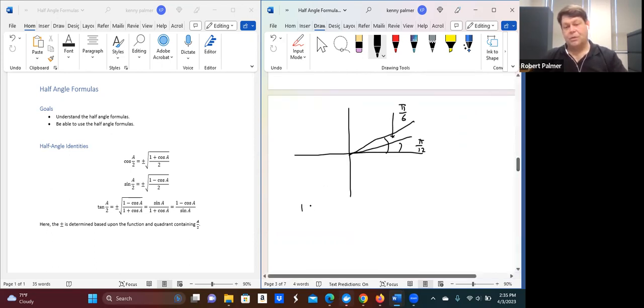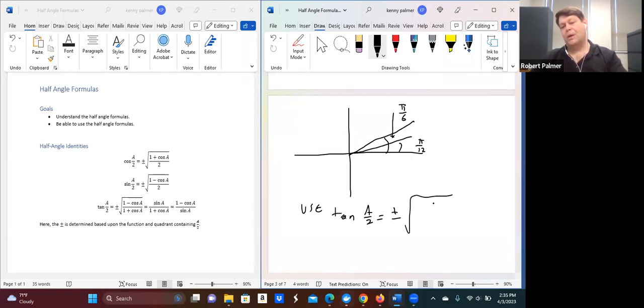Let's actually do all 3 formulas just to see how they work. The tangent of a over 2 is plus or minus the square root of 1 minus cosine a over 1 plus cosine a.